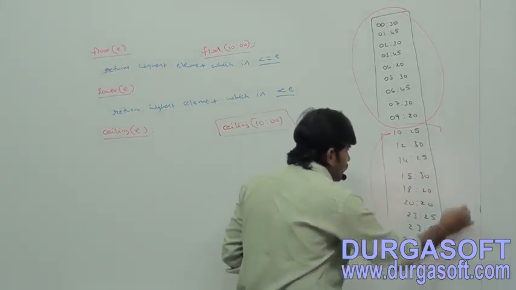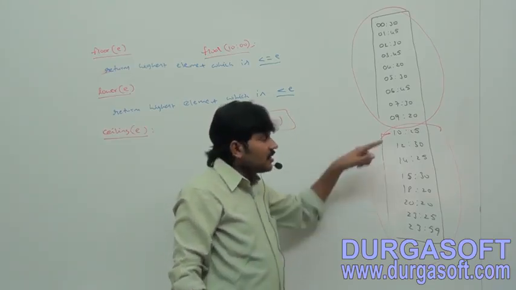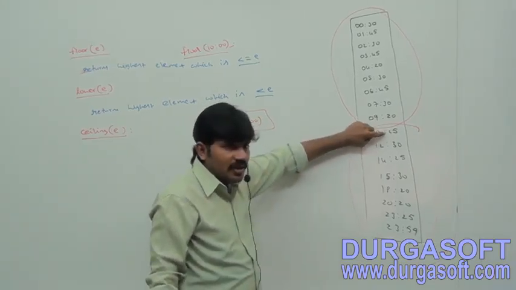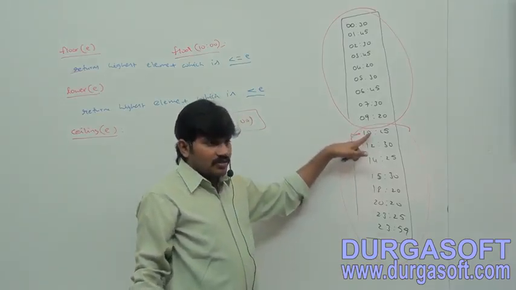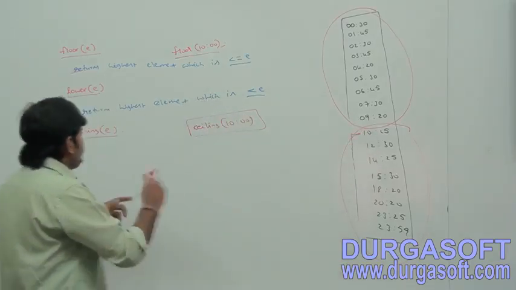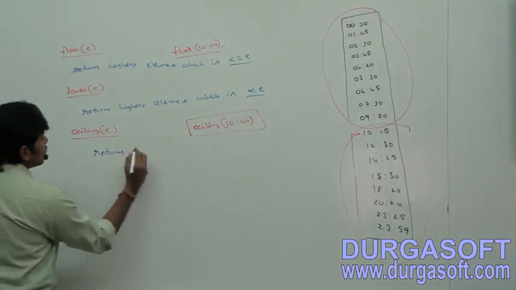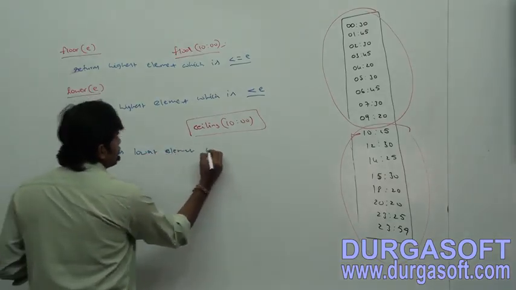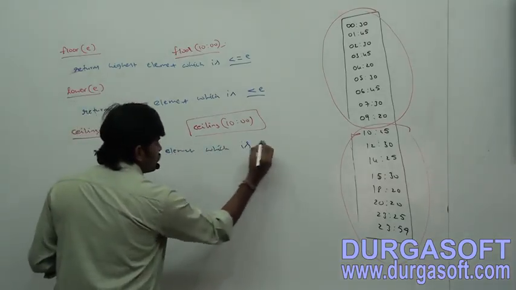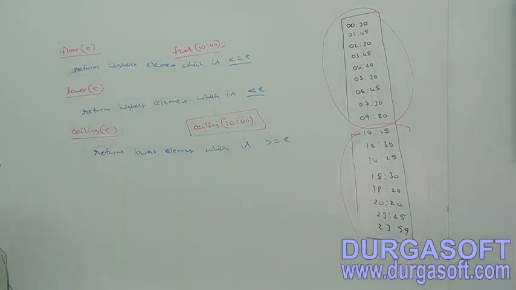There are several elements, and we are asking about the first. Can I use the term lowest value? Yes, either 10 or after 10, which is the lowest value. What description do I have to provide? Returns lowest element, which is greater than or equal to E.